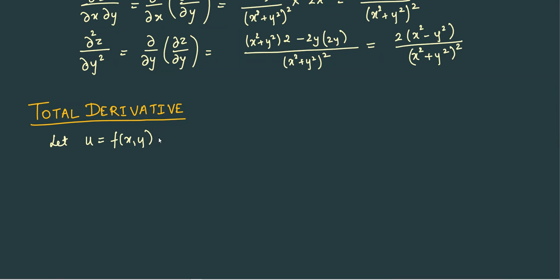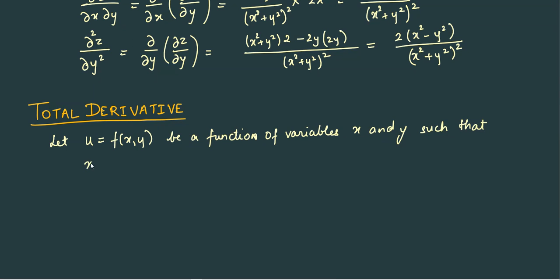So let u = f(x, y) be a function of variables x and y such that x is a function of t and y is also a function of t.